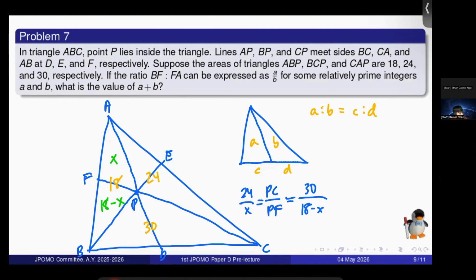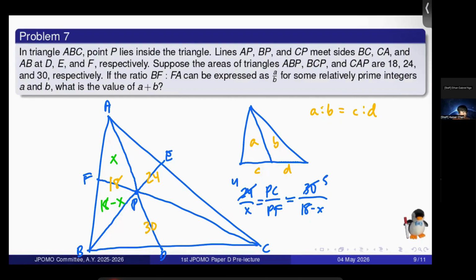In fact, you can make this a bit nicer. Note that 24 and 30 are both divisible by 6, so we can just make this 4 and make this 5, and we get an equivalent equation. And that makes solving a lot easier.